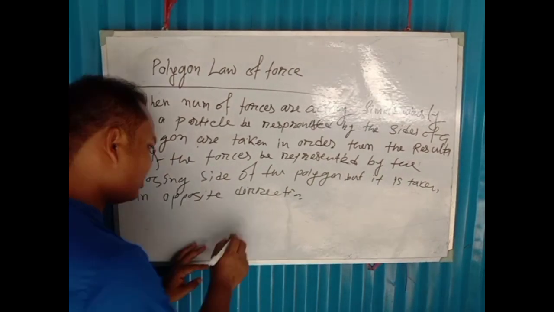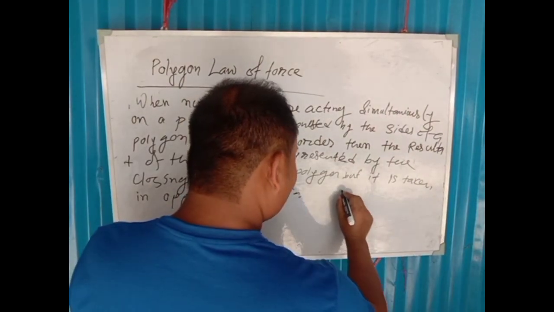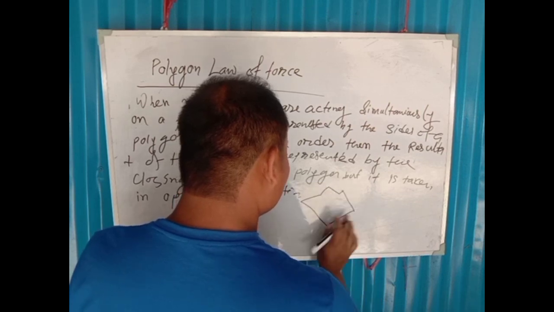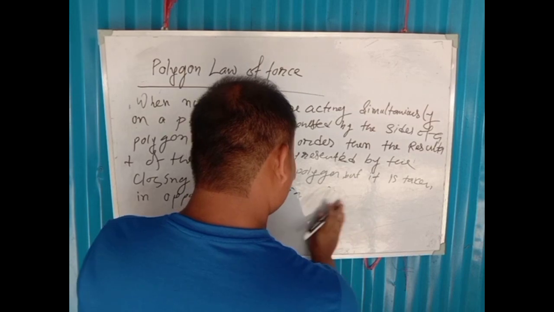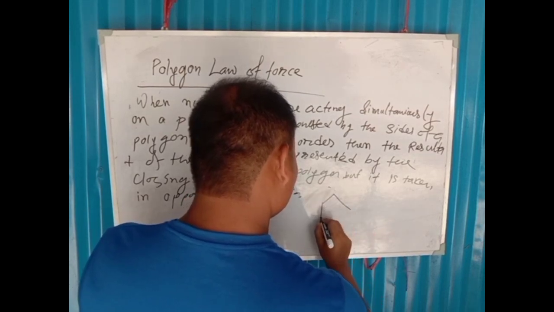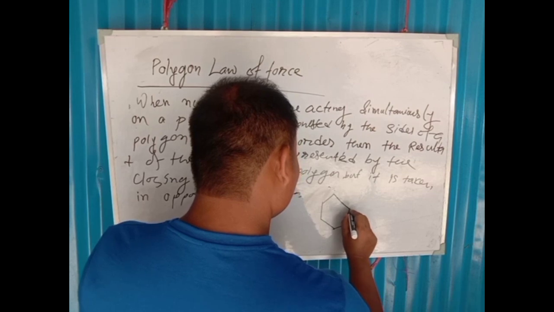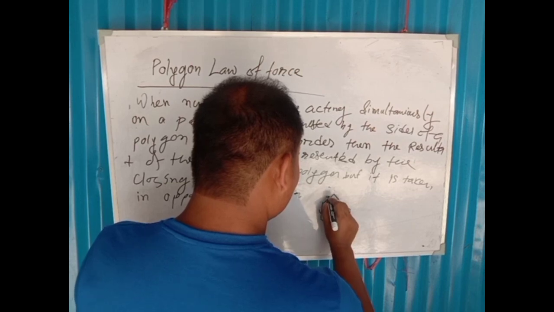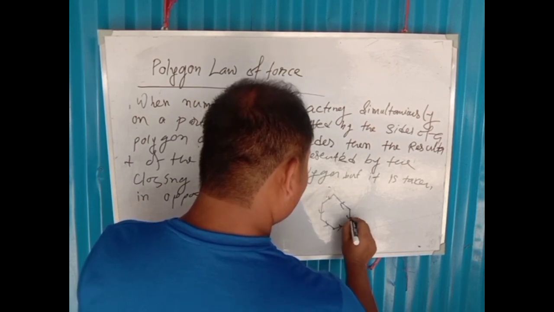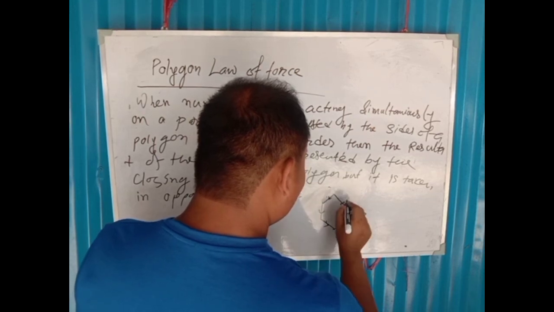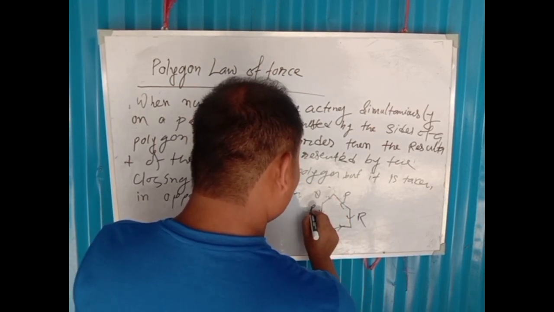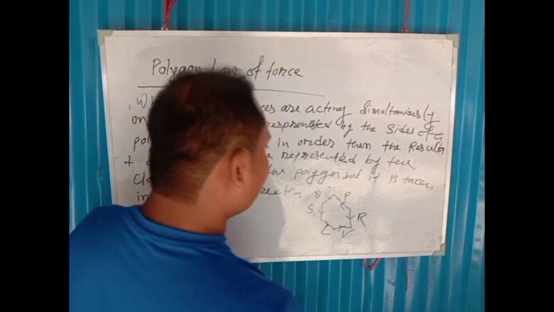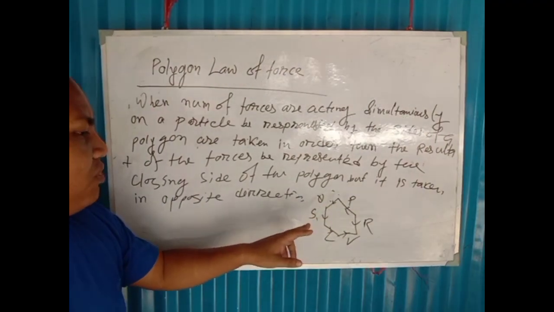As an example, we can draw this. This is force, this is force, this is force, this is force, this is force, and this is the resultant force. There are 1, 2, 3, 4, 5 forces acting.